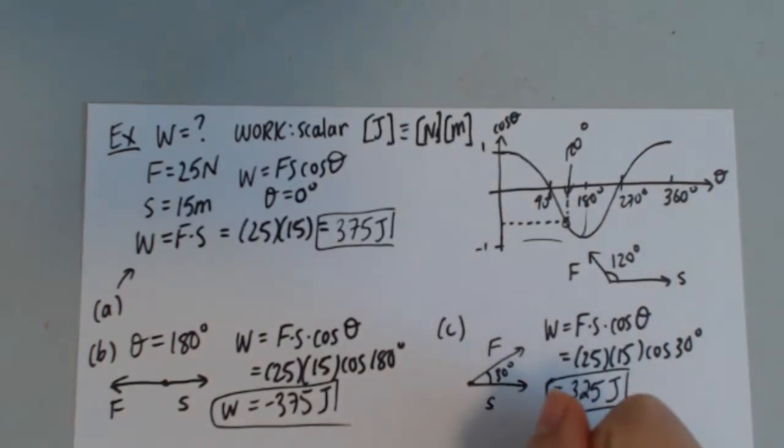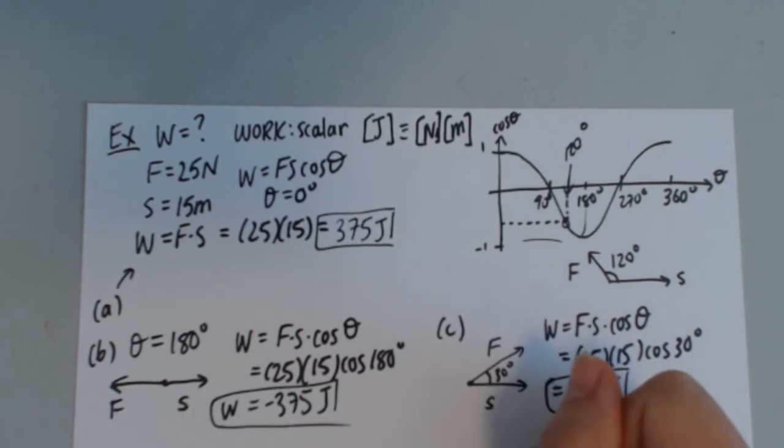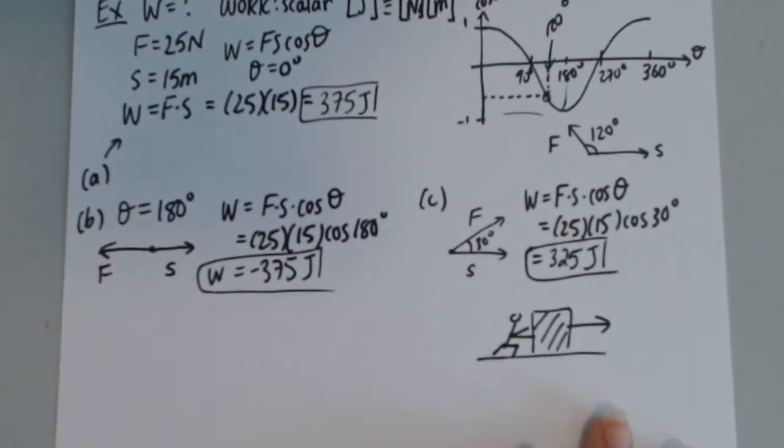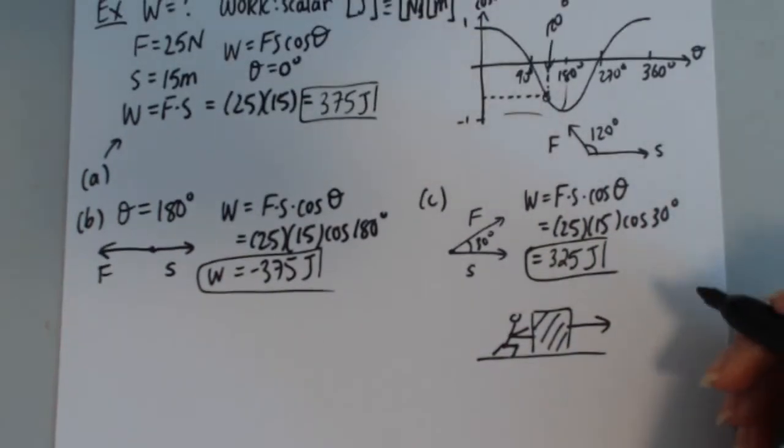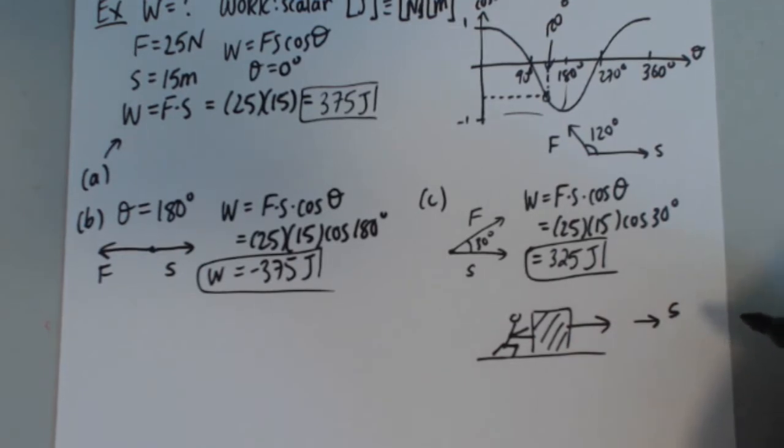Okay, if you're trying to move a heavy box across the floor, you're going to apply some force onto it. Okay, so imagine this is you pushing the box towards the right. You want the displacement to be to the right, and certainly if you push the box, that's the way it's going to move. And if you apply your force in the same direction as the displacement, you're going to have the most efficient transfer of energy.